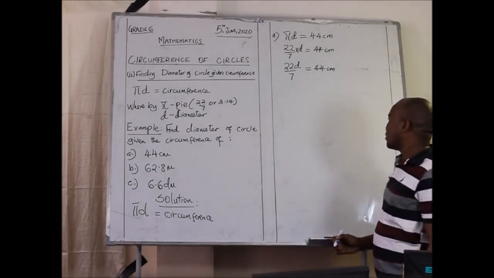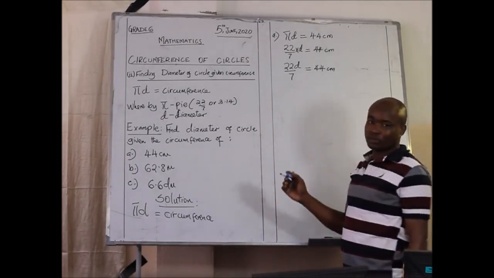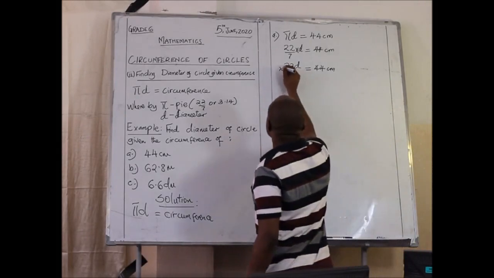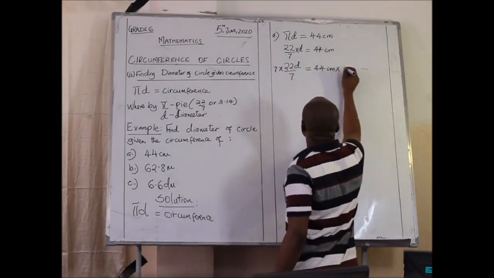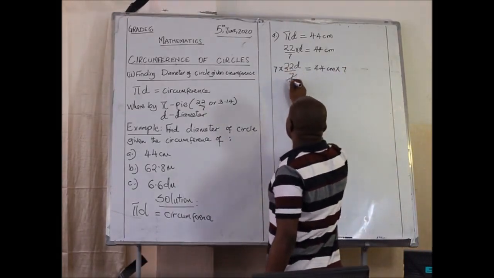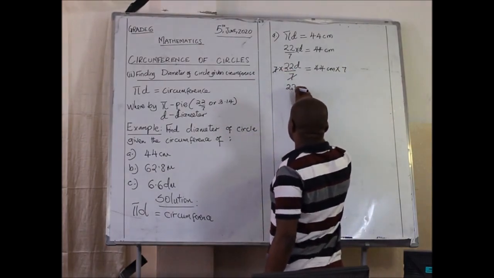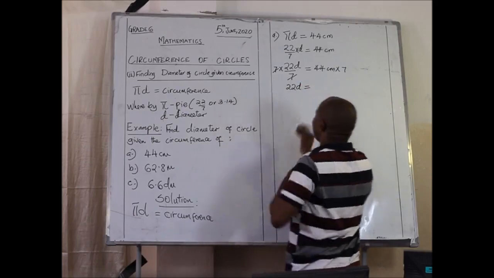After that, we multiply both sides by the denominator 7. 7 will cancel 7. We will remain with 22d equals 44 centimeters multiplied by 7.